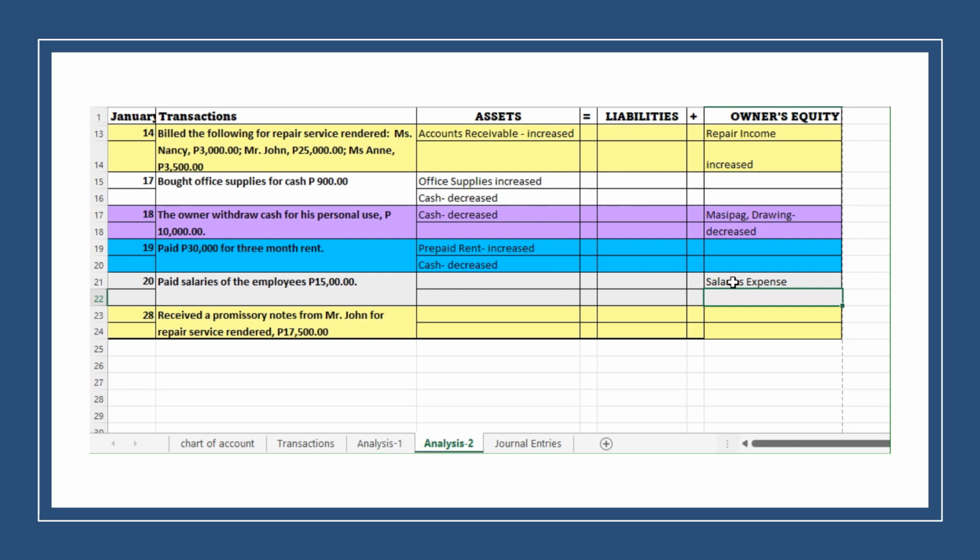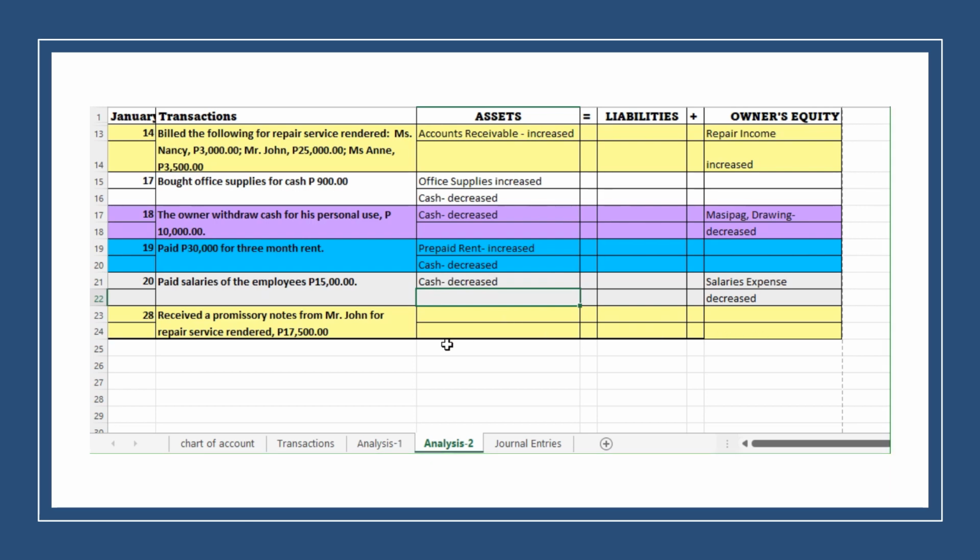This will be deducted from owner's equity. Therefore, it is to be decrease. It is a decrease in owner's equity. Okay? What is the other account affected? The keyword here is paid. So, cash again is decrease.